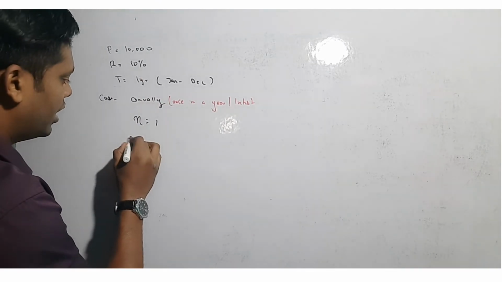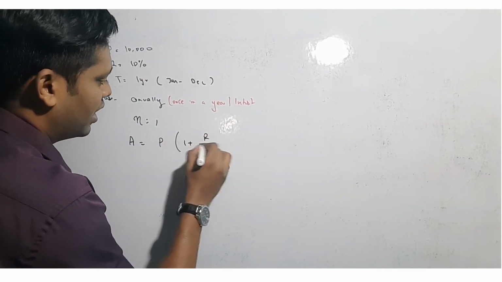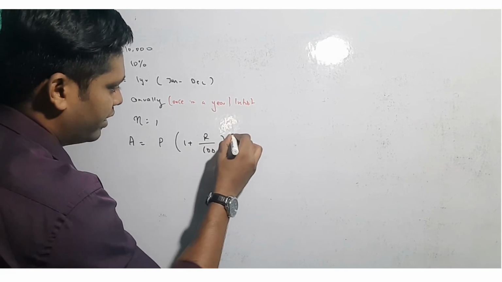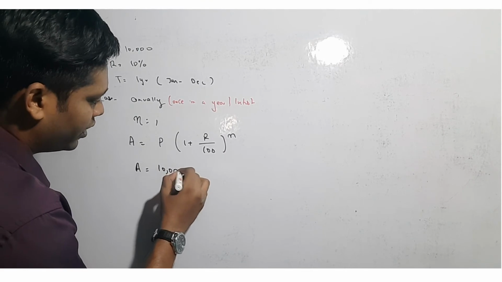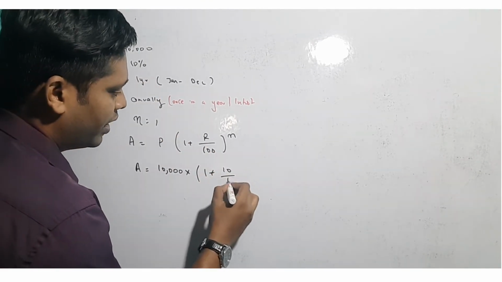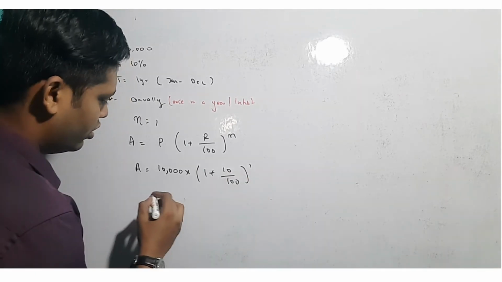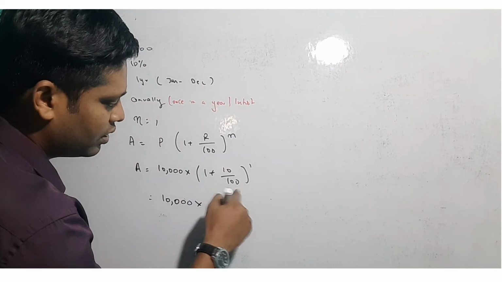Clear. So the formula: you have to find out the amount. Amount is equal to P into (1 plus R by 100) to the power n. So amount is equal to 10,000 into (1 plus 10% by 100) to the power 1.